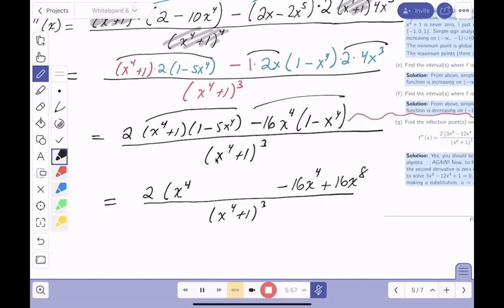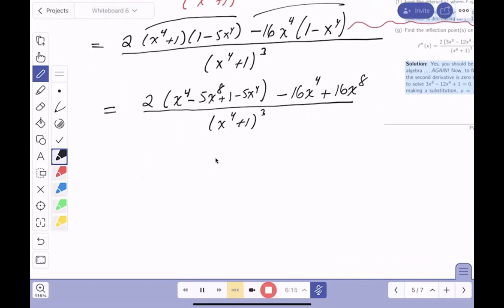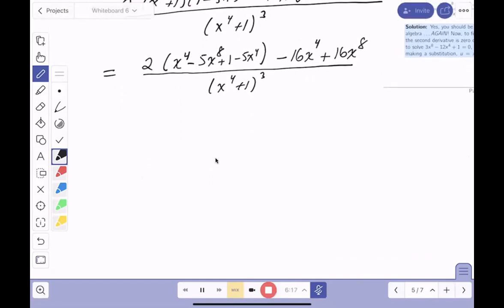I'm using just probably multiplication, minus 5x⁸ plus 1 minus 5x⁴. Boy, this is trouble. There's a point to it though. I bet I made a mistake somewhere. Who knows? Let's see what happens.